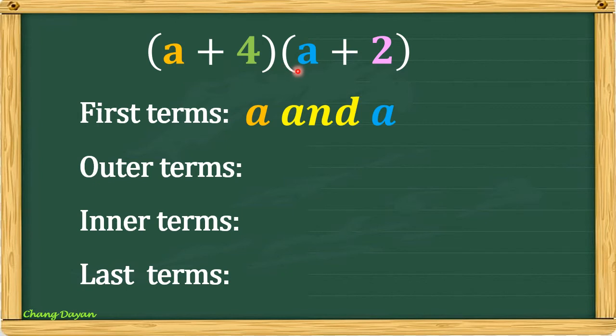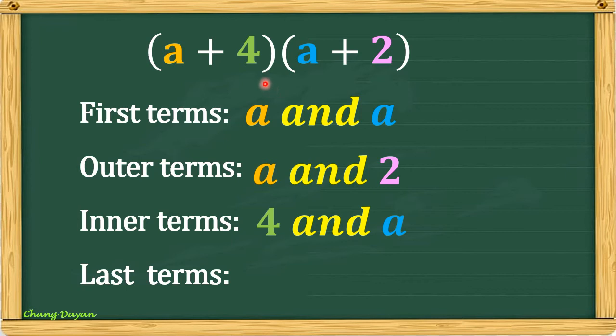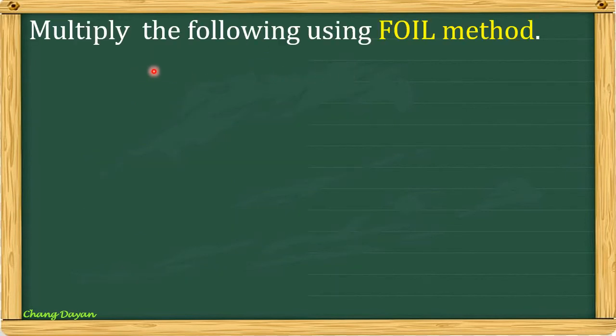So first terms for this given are A and A. Outer terms. So the outer terms here is A and 2. Inner terms will get 4 and A. And the last terms for the two binomials are 4 and 2. Now let us use FOIL method in multiplying binomials.